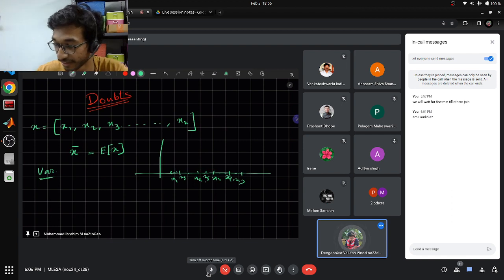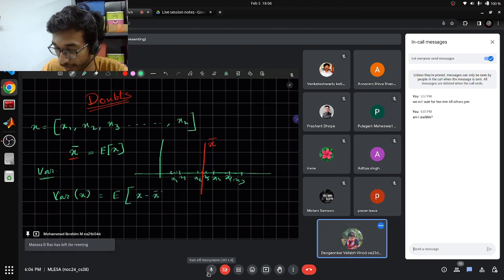And let's say the mean value, this x mean that you have calculated, is somewhere here. So what variance is essentially doing is trying to get an idea of the spread of this entire data. The way variance is defined is simply the expected value of x minus x bar squared.